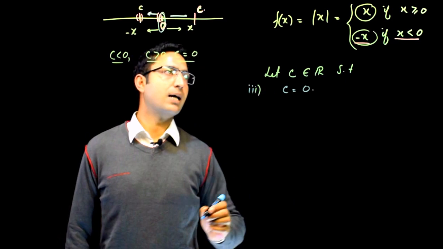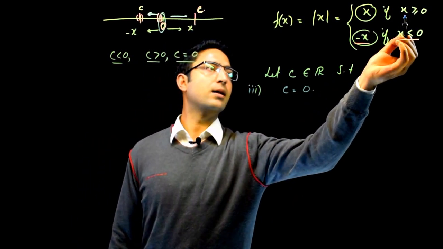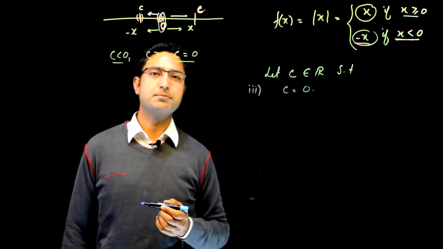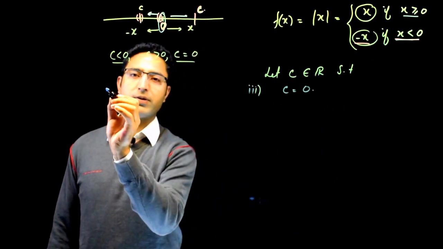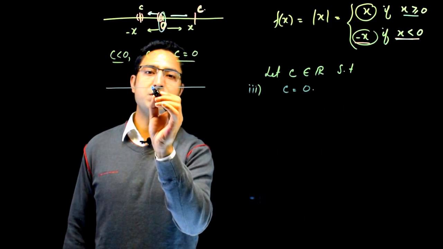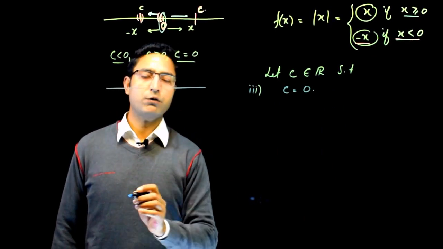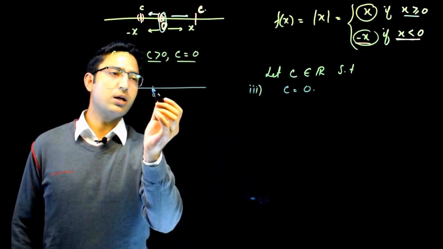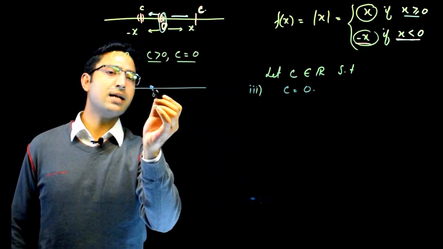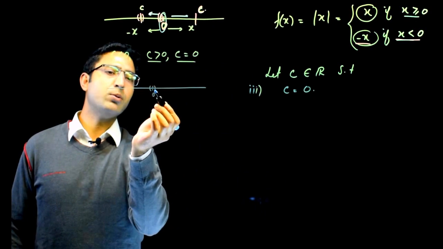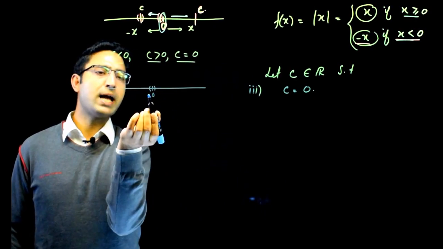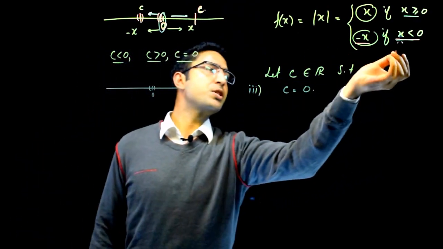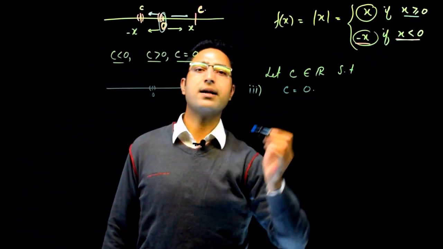We note here that for right of 0 and left of 0, f of x is defined differently. Therefore, when we consider this line and a point 0 here, we cannot talk of a limit at 0 directly, because when we take the x's in the neighborhood of 0, that will include all those x's to the left of 0 and to the right of 0, but on the left and on the right f of x is defined differently.